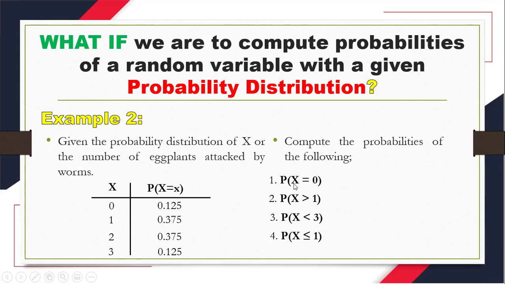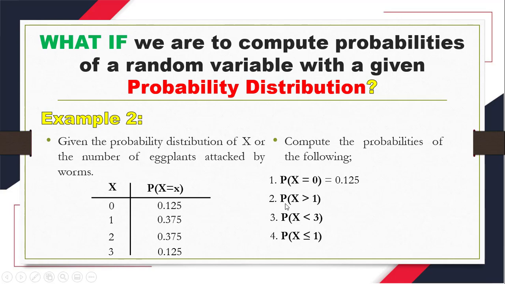You only need to get the probability corresponding to 0. So, the probability of X equal to 0 is 0.125, because it is indicated here.